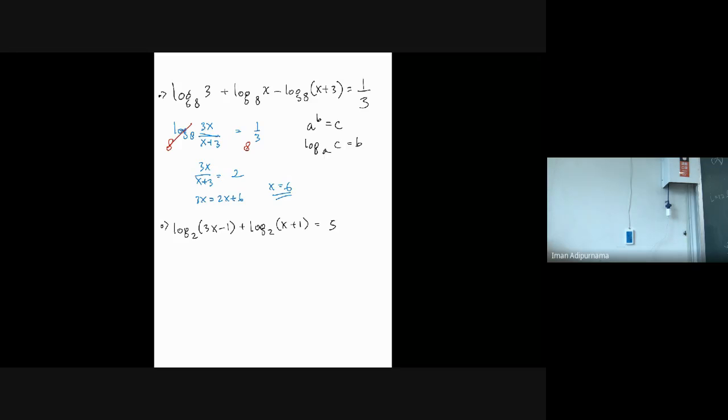How about you? You still have difficulty finding the factorization?